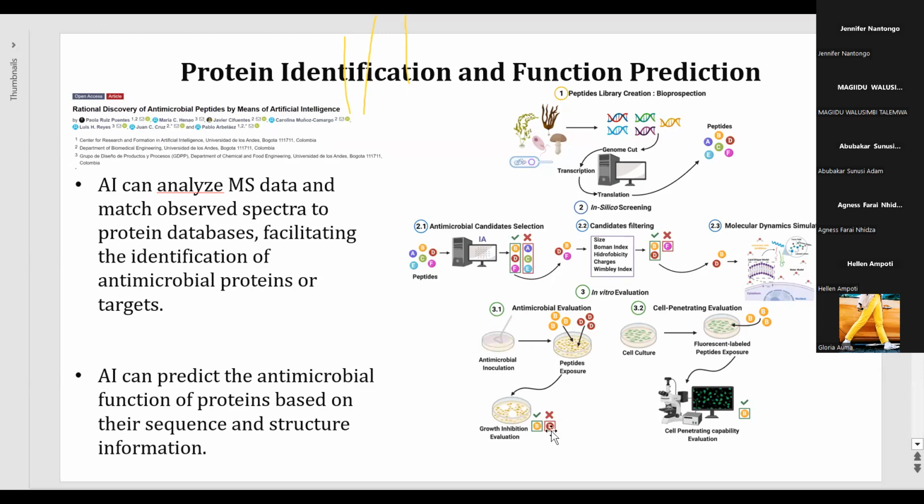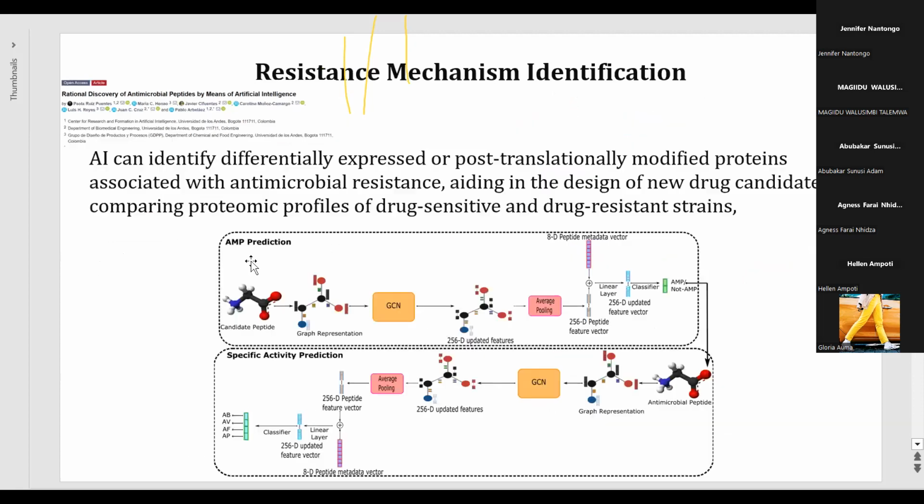You can also do the wet lab experiment, where you test the antimicrobial activity of these compounds and see that yes, artificial intelligence has predicted it right, that this compound has antimicrobial activity and this compound does not. And this compound is a protein. So you can also do the protein identification and function prediction. Function prediction is whether a protein will be antimicrobial or not. Here we are concerned only about the antimicrobial activity.